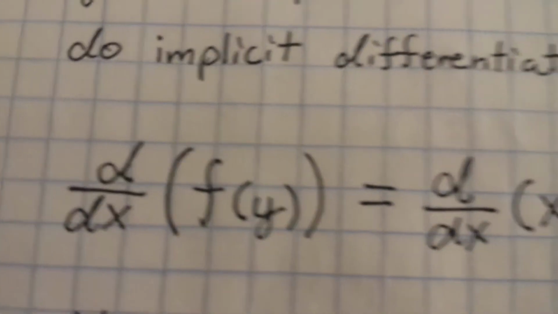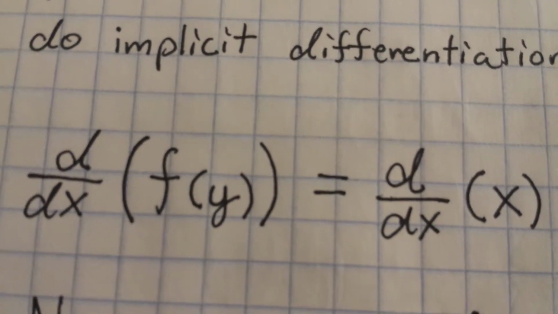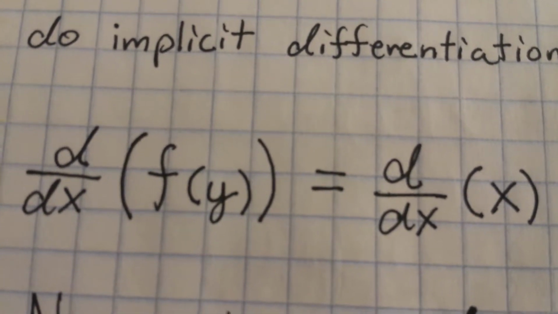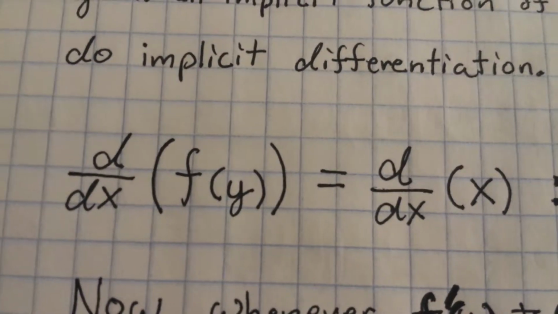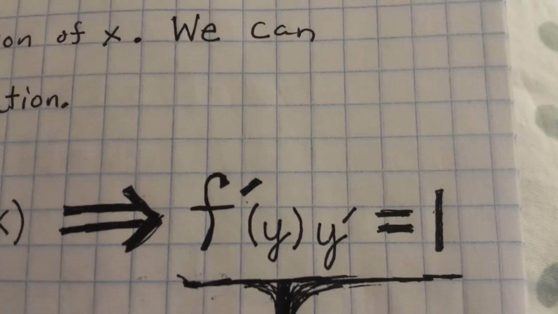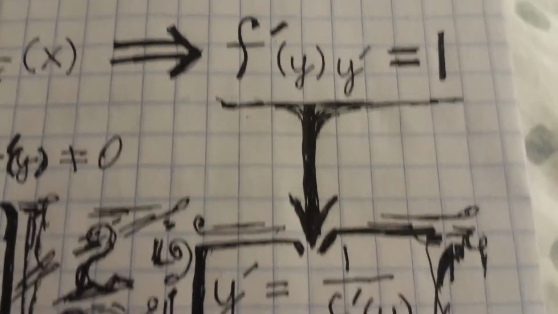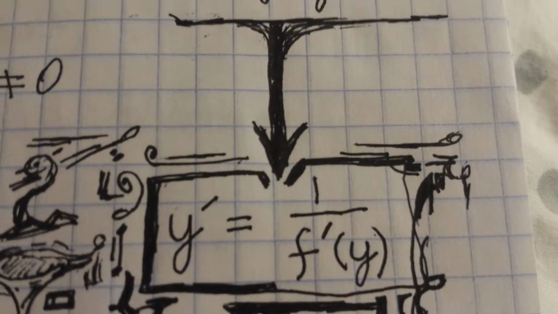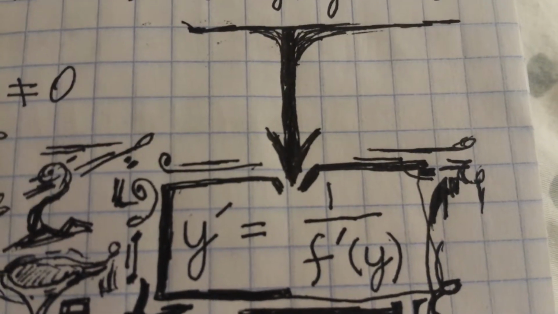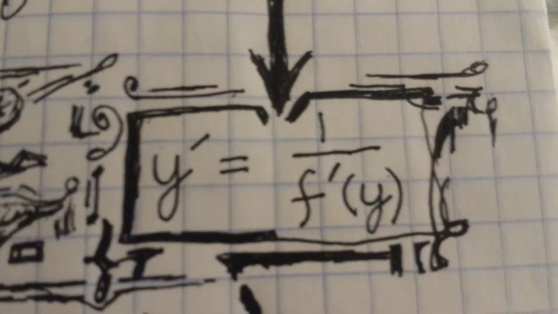And so by taking the derivative with respect to x on both sides of this equation, we get this equation, okay? And so we can divide by f prime of y on both sides to get y prime equals 1 over f prime of y, right?